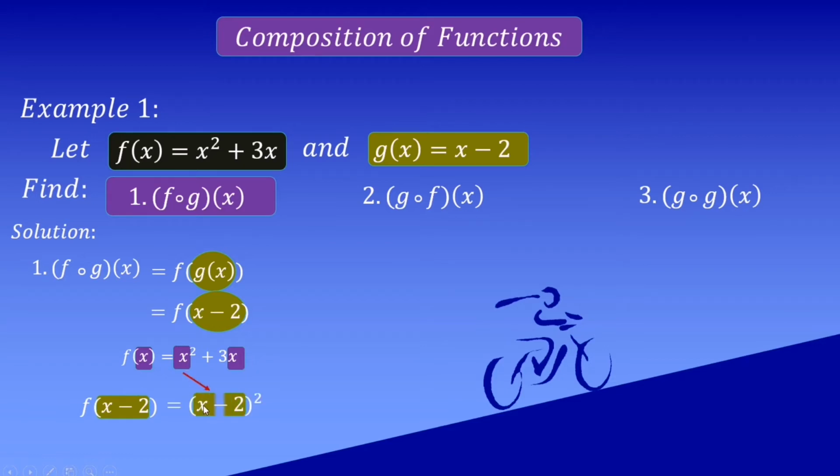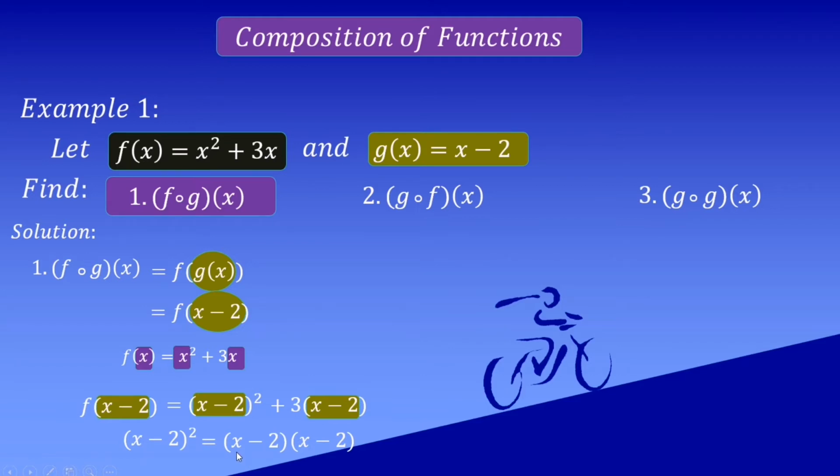So we have x minus 2 squared. From x squared it becomes x minus 2 squared, then plus 3x, so it becomes 3 multiplied by x minus 2. Then let us simplify with the exponent of 2. So x minus 2 squared is equivalent to x minus 2 times x minus 2. We multiply by itself because of the exponent of 2.